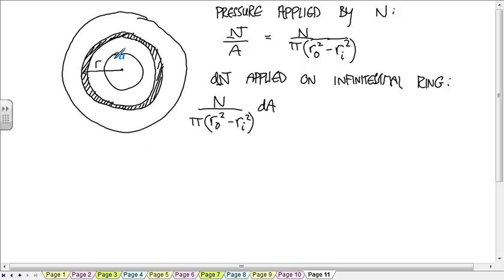Can you think of a way to measure the area of that ring? The thickness is dr.